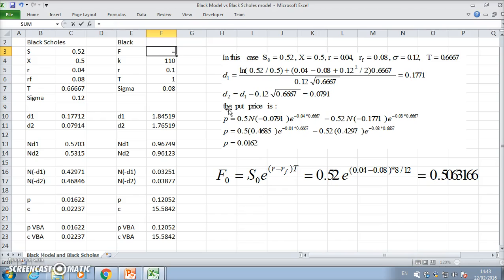F is equal to EXP open bracket, R minus R_f, multiplied by the time period, and the time period is 8 months, so 8 over 12. That all goes in brackets, and then that in turn gets multiplied by S.